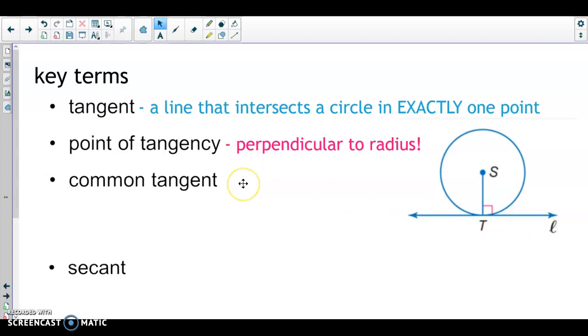A couple other vocab terms, common tangent. What that means is that you have two or more circles that have one line that is tangent to both. So one line tangent to two or more circles. This situation gets really interesting. I would encourage you to explore that. Why don't you draw some circles on a piece of paper? Draw different size circles, draw them in different relationships to one another.